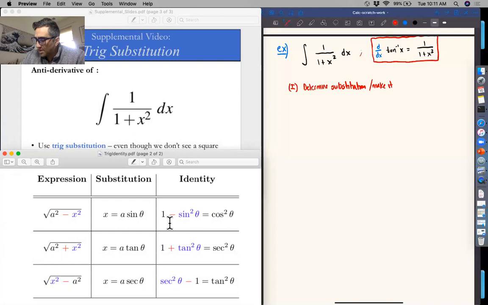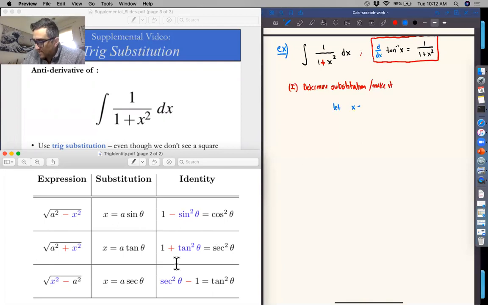The thing that jumps out to me is I have a plus sign there, and because of that plus sign, it's leading me to a particular identity, namely this middle one in terms of tangent. So it looks like I should be making a tangent substitution because we have that plus sign in that type of Pythagorean relationship.